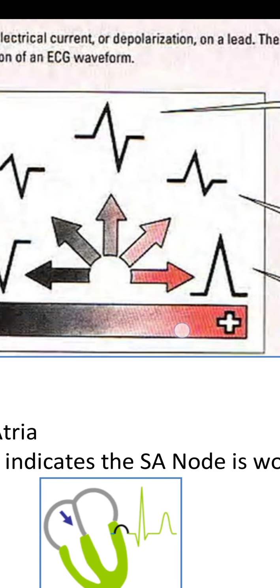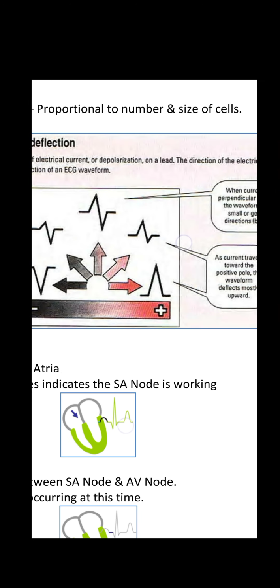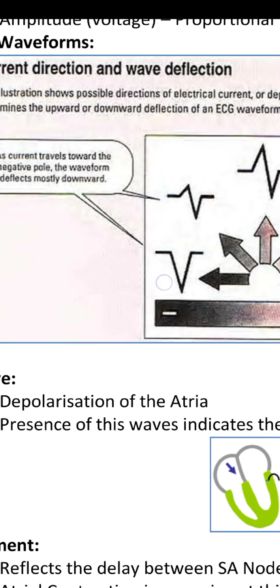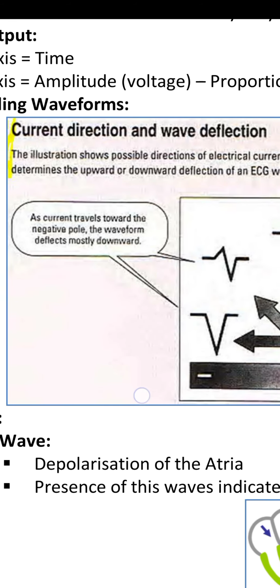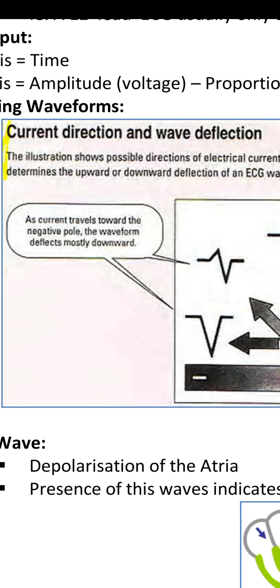The first waveform, in the negative direction, may be caused by depolarization from the opening of sodium channels. As the current travels towards the negative pole, the waveform deflects mostly downwards.